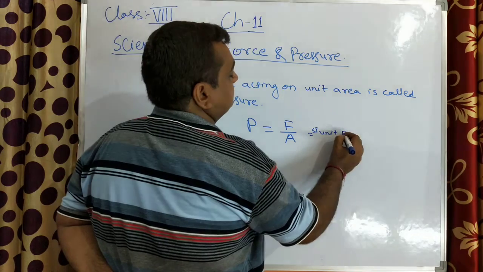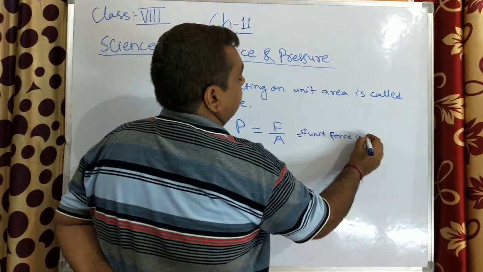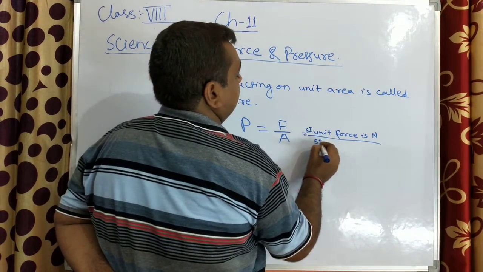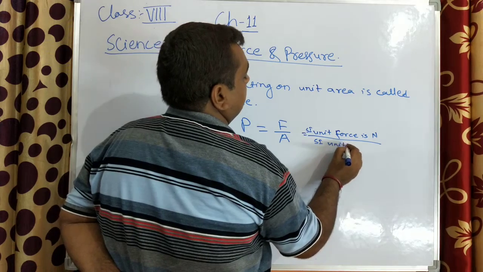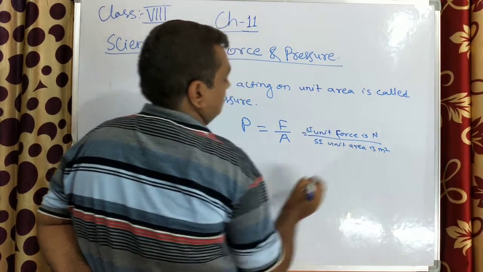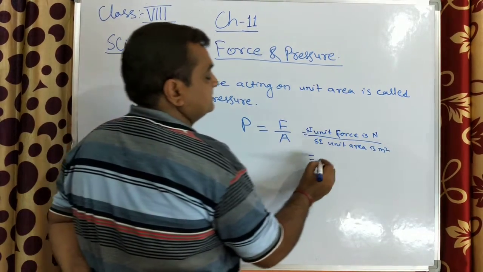So SI unit of pressure is Newton per meter square, or we can write this as N m power minus 2, Newton per meter square, or Pascal.